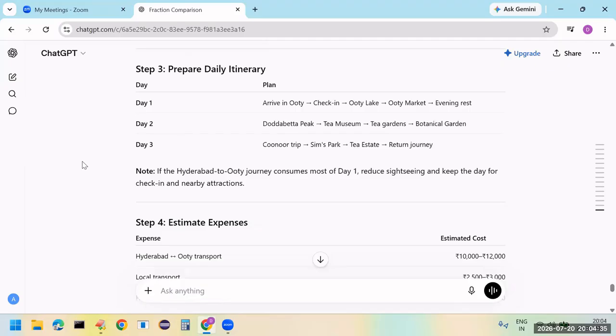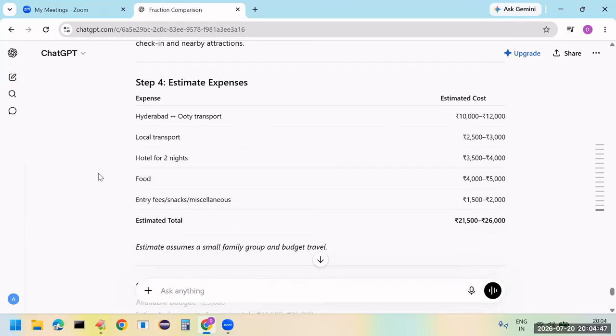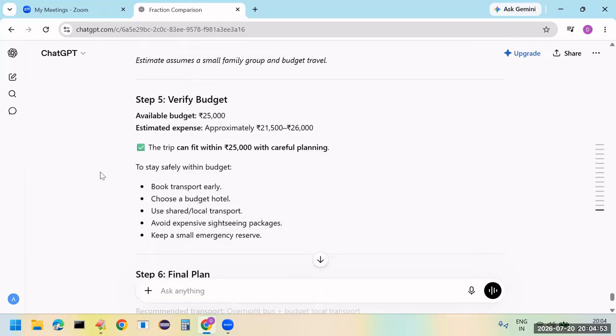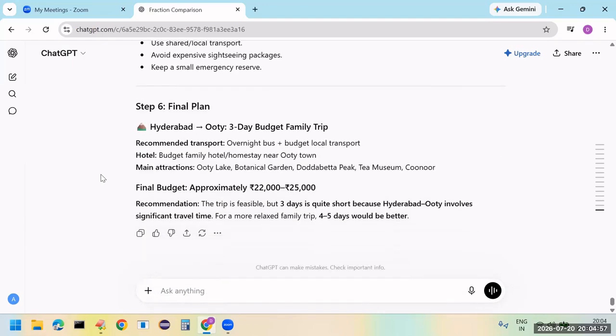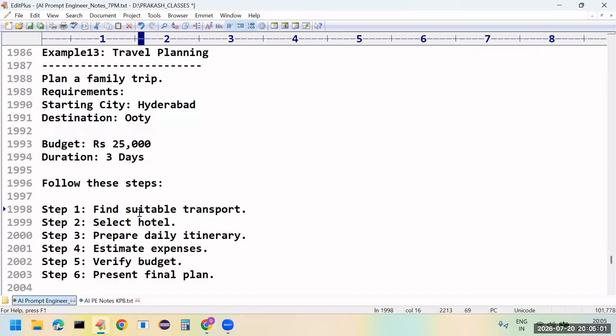Day 2, Doddabetta, Tea Museum, Tea Gardens, Botanical Garden. Day 3, Pykara trip, Sim's Park, Tea Estate, return journey. Have you observed? Expenses: Hyderabad to Ooty transport, local transport, hotel for 2 nights, food. Verify the budget. It is giving the complete plan, friends. Clear? Please confirm.